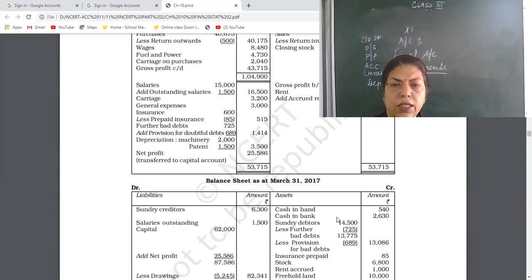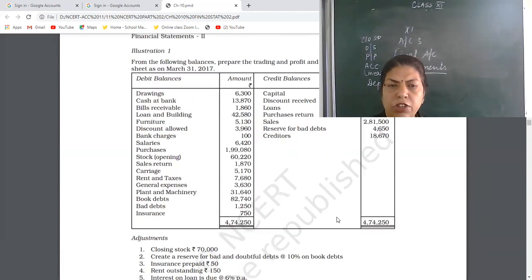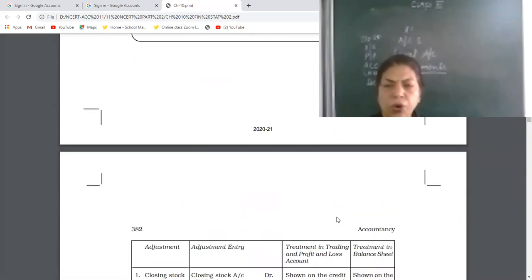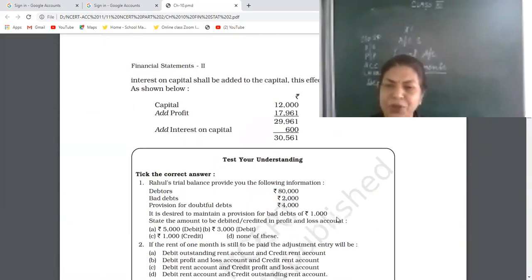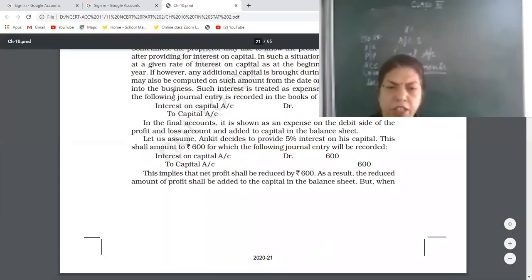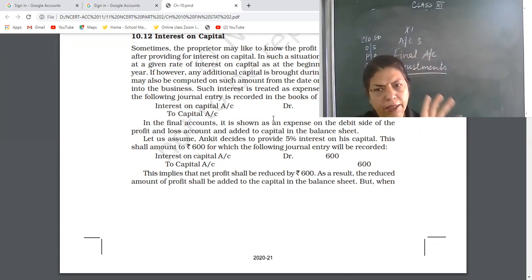Interest on drawings is the interest charged by the businessman on the drawings of the proprietor, as interest on capital is charged on the capital. Same way, interest on drawings is charged on drawings, and the impact will be different.